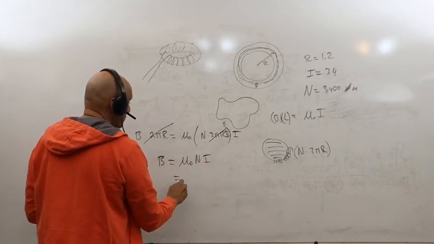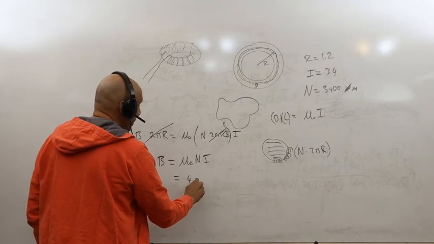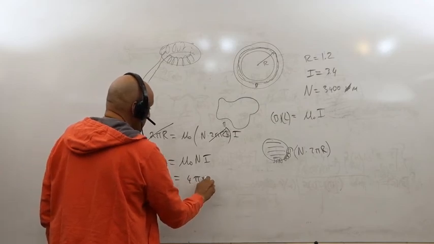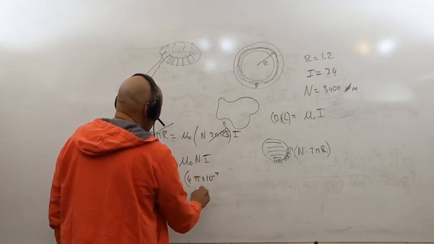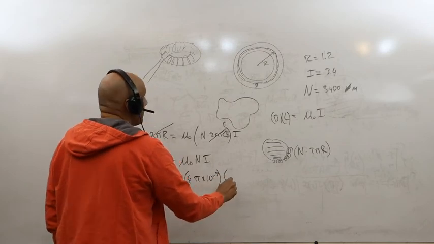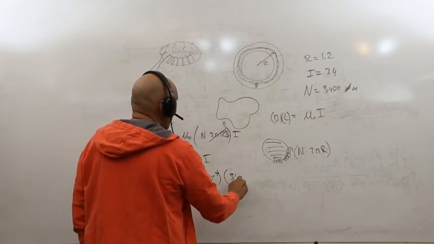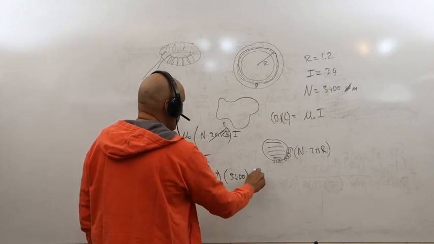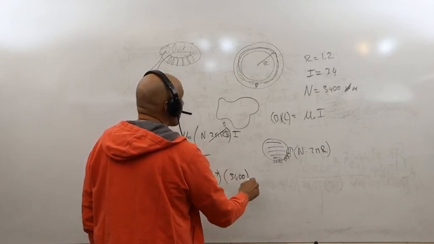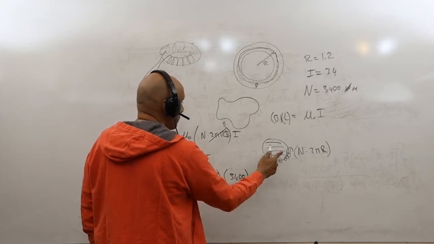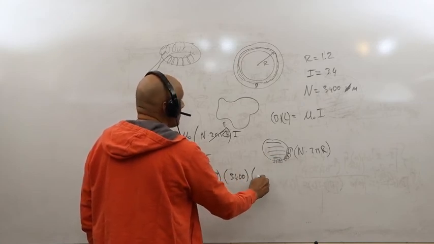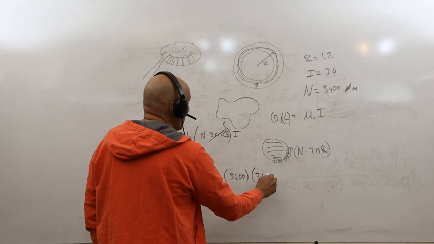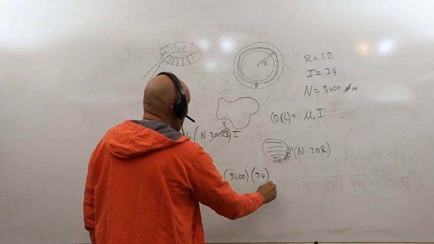In this case, mu O happens to be 4 pi times 10 to the minus 7. The number of windings happens to be 3,400 windings per meter, and the amount of current puncturing each of those is 3.4 amps.